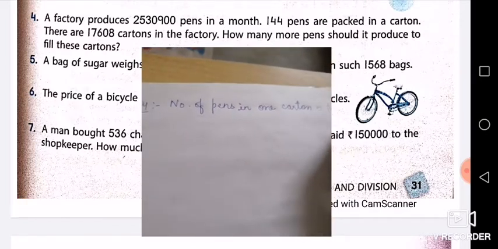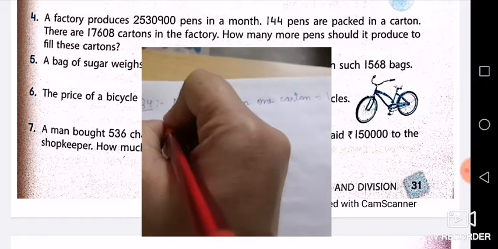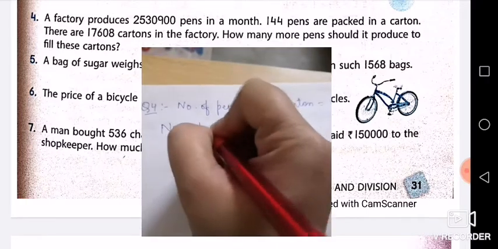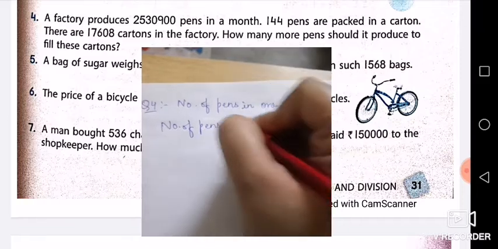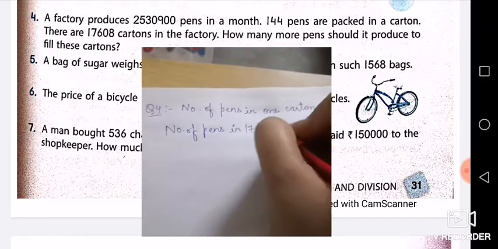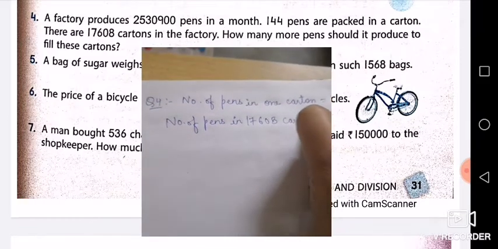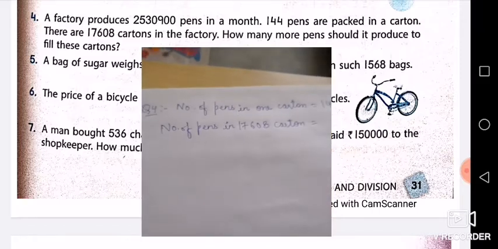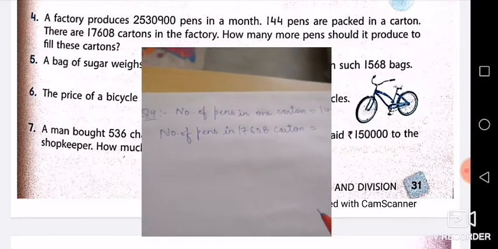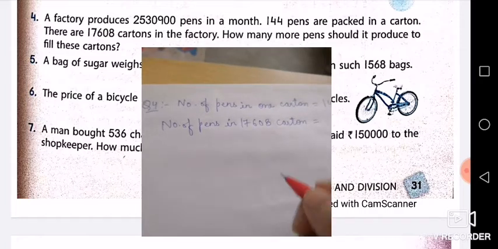Yes, that is 144. Now you have to find out the number of pens in 17,608 cartons. See, I am writing the statement very easily, one statement.